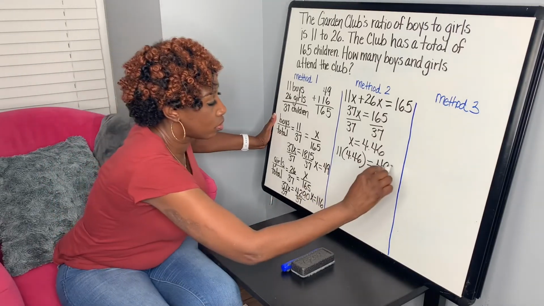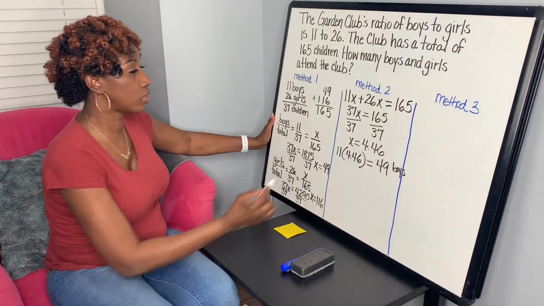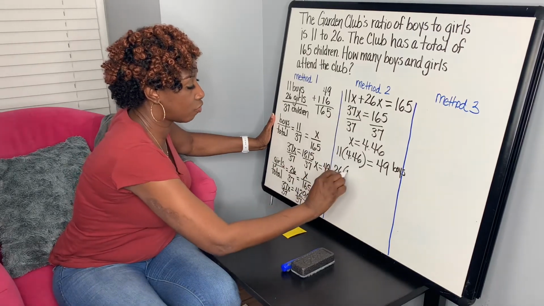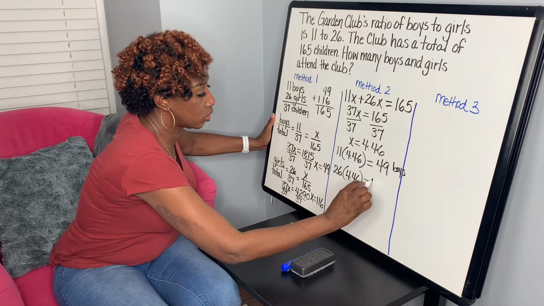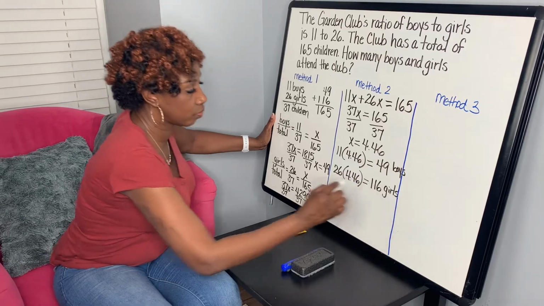That was for the number of boys. Then I'm going to take 26 and multiply it by the 4.46, and I get 116. That tells me the number of girls.